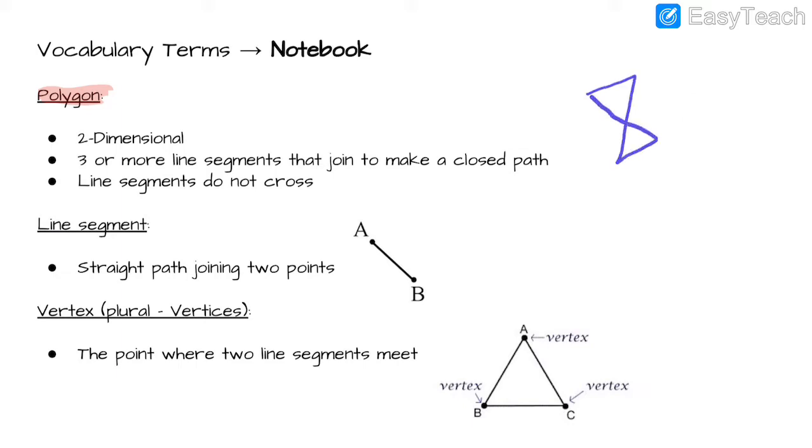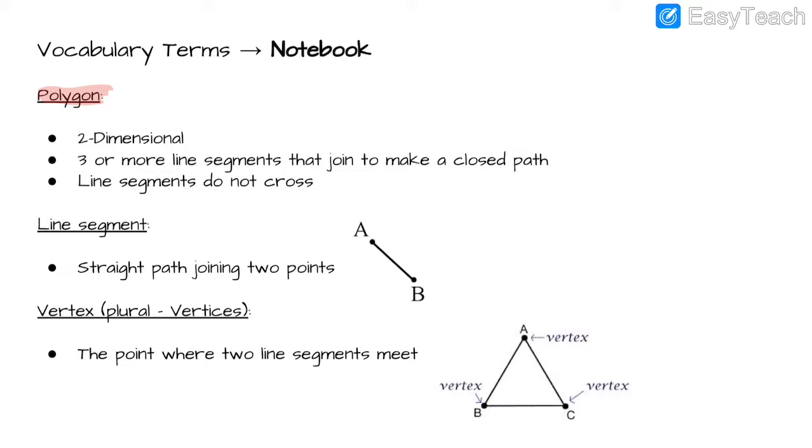This is also not a polygon because right in the middle there, we've got line segments that are crossing. Okay, so this is not a polygon. Okay, so you should have polygon written down. If you need more time, just pause the video.